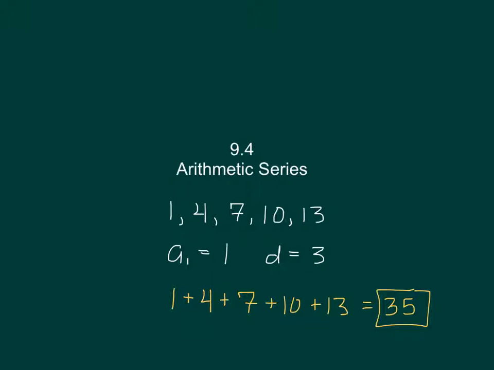And what we're going to say is that that is the sum of the first 5 terms of that arithmetic series. Okay, we use a capital S because it's a sum. And it's the first 5 terms. 1, 2, 3, 4, 5. So that is the sum of a finite series. Okay, finite just meaning you're summing the first certain number of terms.